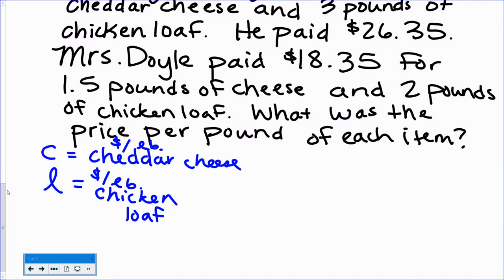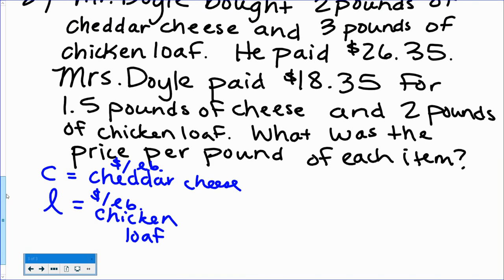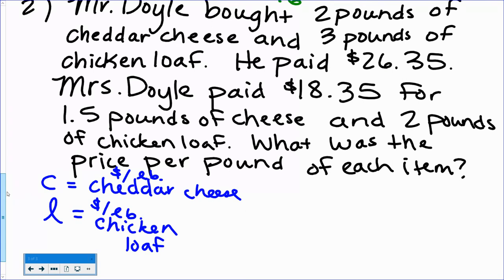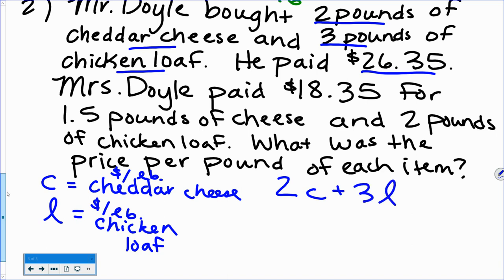All right, so now we'll go ahead and we'll set up our two equations with our two variables here. So I take a look back through my information. I've got Mr. Doyle who bought 2 pounds of cheddar cheese and 3 pounds of chicken loaf, and he spent $26.35. So 2 pounds of the cheddar cheese, C, plus 3 pounds of the chicken loaf, L, to give a grand total of $26.35.